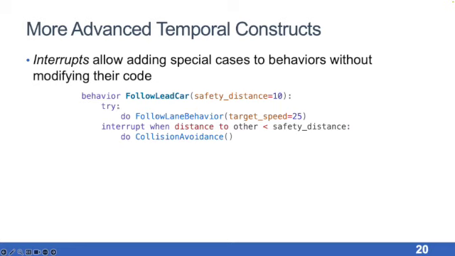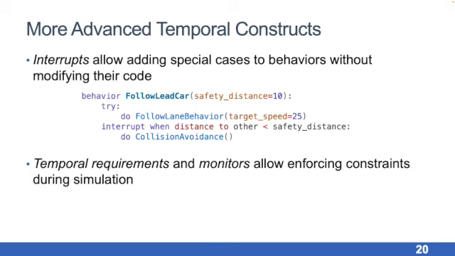It basically does the try part, monitoring this condition. If the condition ever becomes true, then control goes to this block until this interrupt handler has finished, and then we resume whatever we were doing before. So here we basically added a special case onto the follow lane behavior without having to actually go in there and modify it. We also saw earlier how you can put requirements on Scenic programs, like there are some built-in requirements, like objects cannot collide.